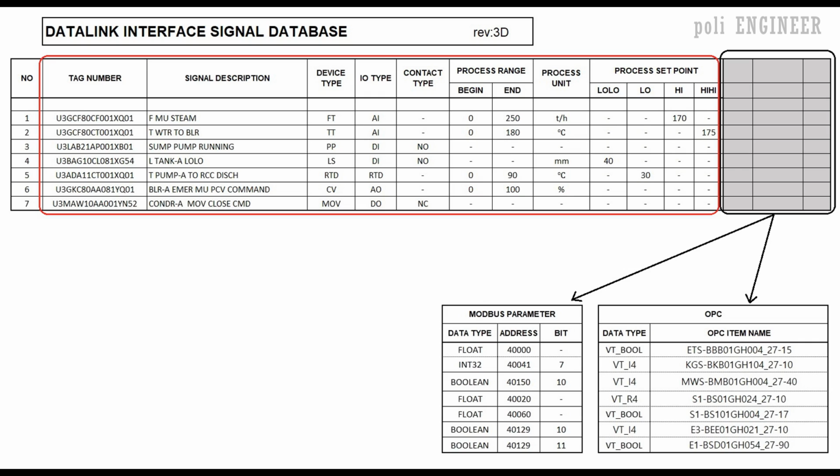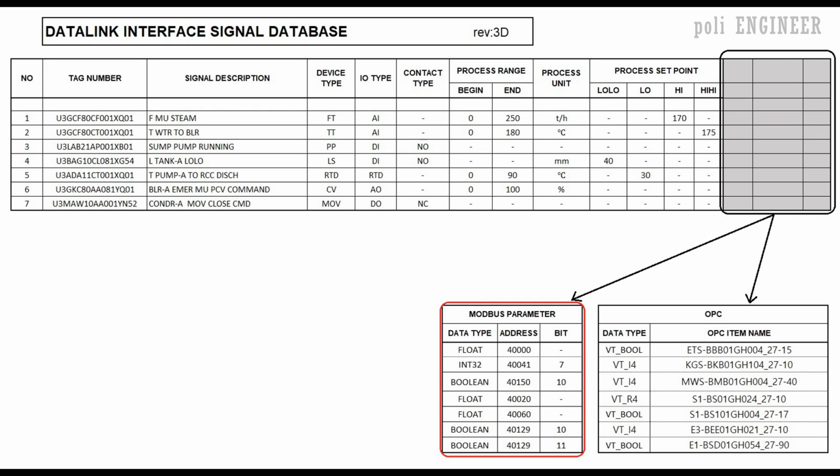The first few columns will look similar to those of the hardware I/O database. Here we have tag number, description of the signal, device type, I/O type, contact type, process range, process unit, and alarm set point levels, etc. The next set of columns will describe the parameters of communication, and it will differ for each communication protocol.